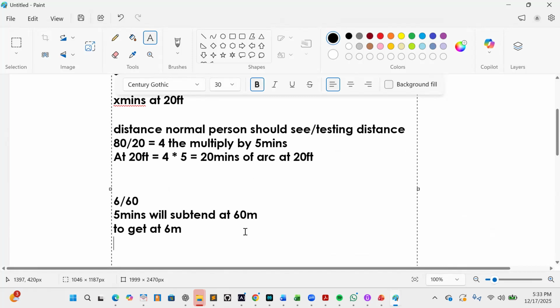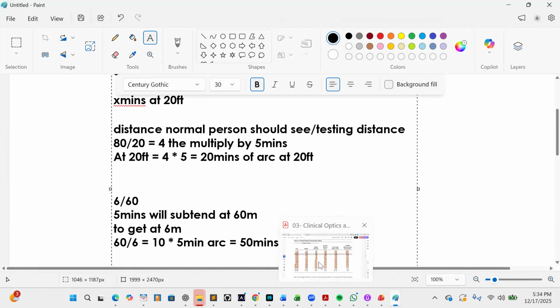You define what you expect a normal person to see, 60, divided by the testing distance, which is 6. Whatever you get, multiply by the 5 minutes per optotype. That equals 50 minutes per optotype. So that's how to calculate that. Again, you define the distance you expect a normal person to see, divide by the testing distance, and whatever you get, multiply by the 5.